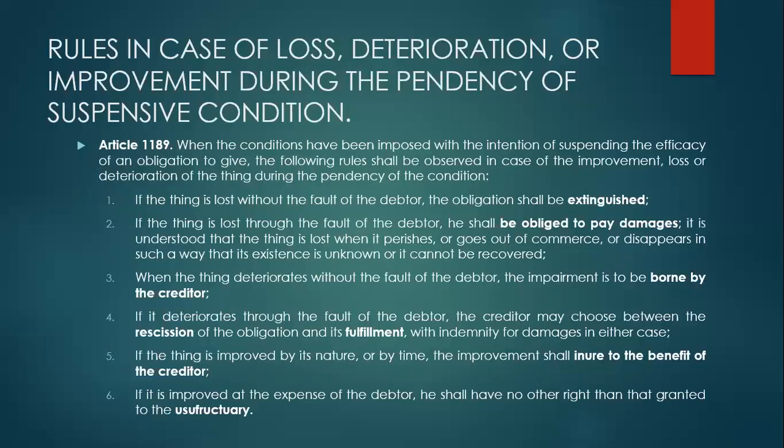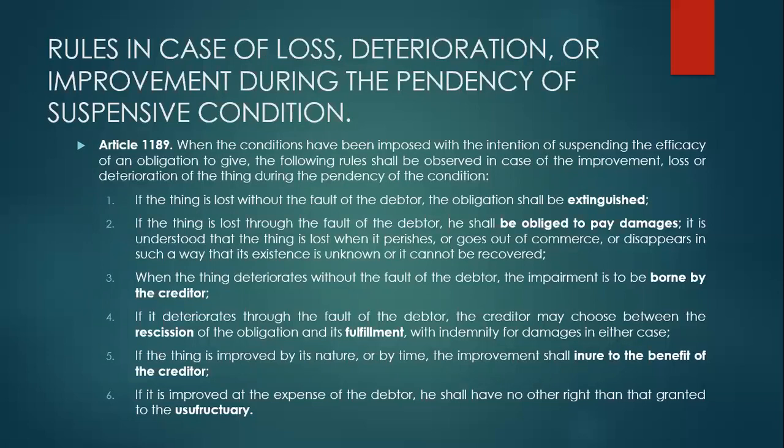Now, let's go to Article 1189, about rules in case of loss, deterioration, or improvement during the pendency of suspensive condition. What does this mean? What if the thing or property subject of the obligation is lost, deteriorates, or is improved?